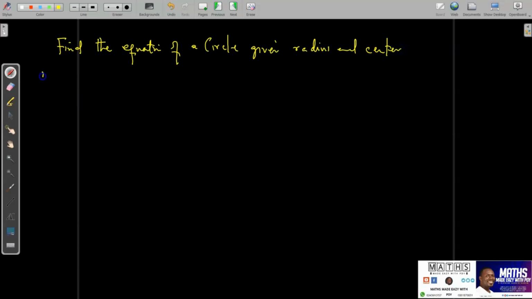So we have number one as with center, which is 5,4, and then radius is actually 5 units.